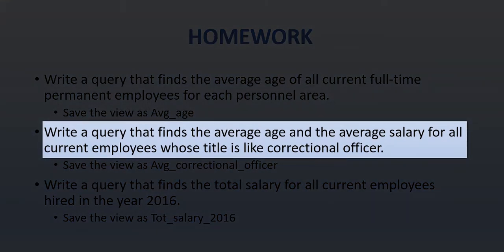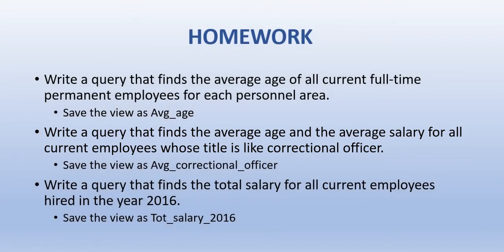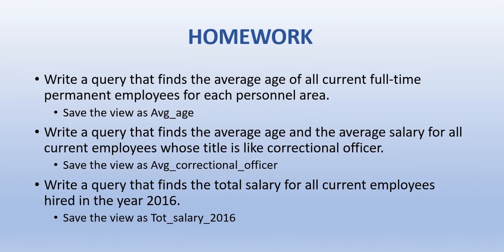Then the second one, write a query that finds the average age and the average salary for all current employees whose title is like a correctional officer. And the final one, write a query that finds the total salary for all current employees hired in 2016.